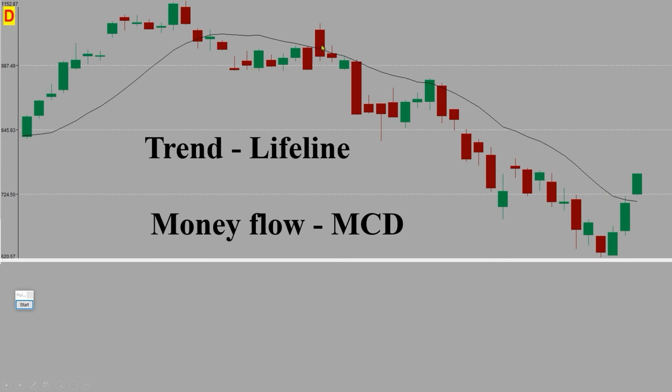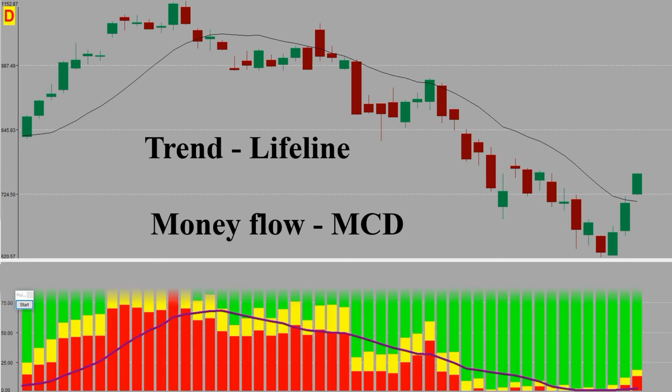Whenever the price has some rebound, whenever it hits the resistance, it will go bearish down again. It will drop again. Okay, so you use the lifeline to check the trend. The trend is bullish up or bearish down. Whether the stock has life or not.